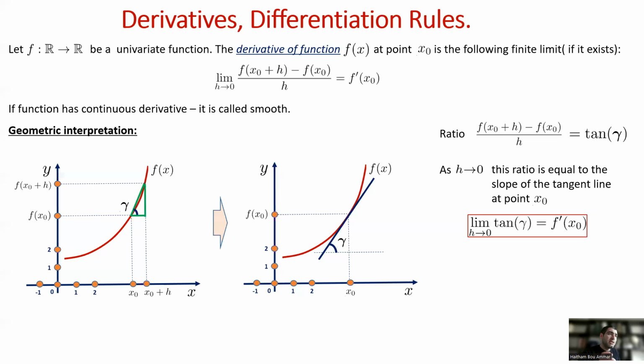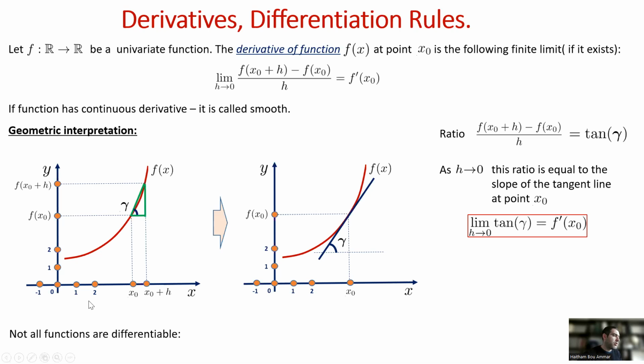And therefore, when we take the transition as h goes to 0, this right triangle will become infinitesimally small and will be converted just to one point. And therefore, this ratio will be the tangent of the tangent line to this function f of x at the point x0. The tangent of this tangent line is also called the slope of the tangent line at the point x0. So that's the geometrical interpretation of the derivative of the univariate function.